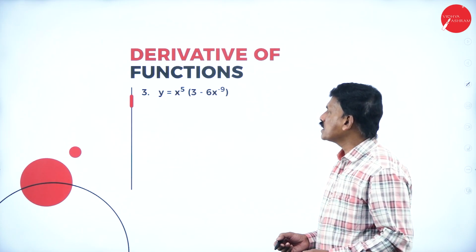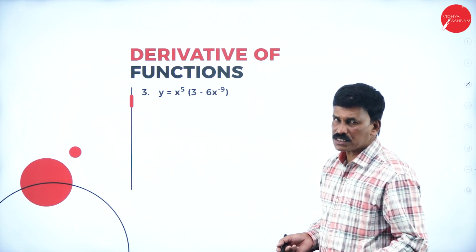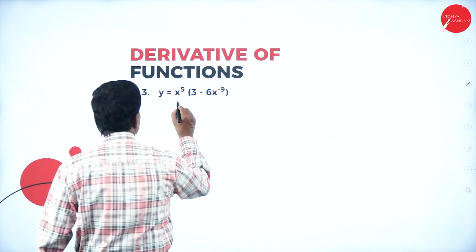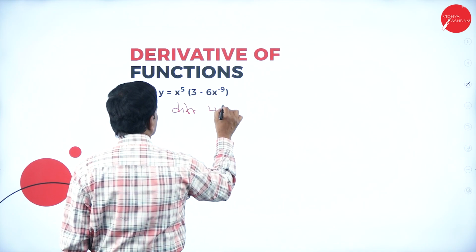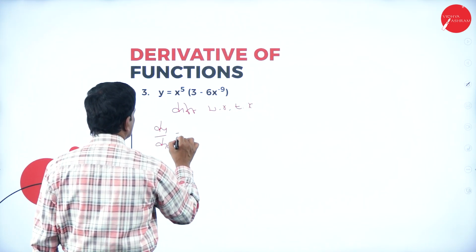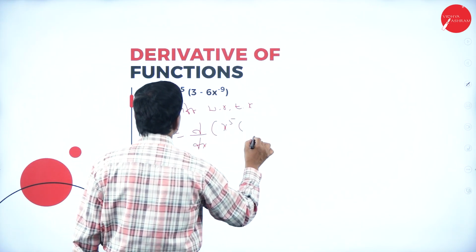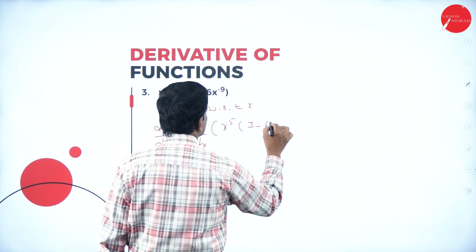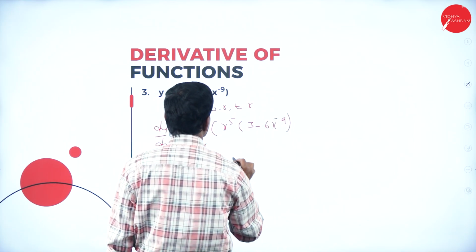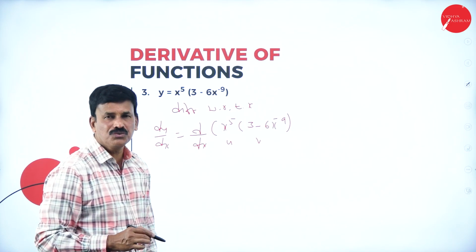If y is equal to x raised to 5 into 3 minus 6 x to the power of minus 9, differentiating with respect to x, dy by dx is equal to d by dx of x to the power of 5 into 3 minus 6 x to the power of minus 9. If you observe carefully, this is a product function, so product rule, u into v.